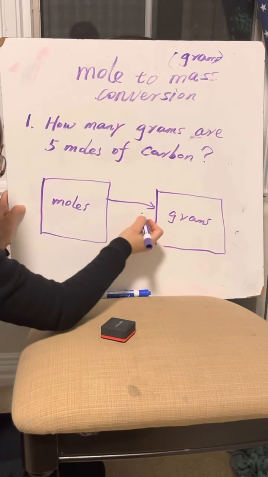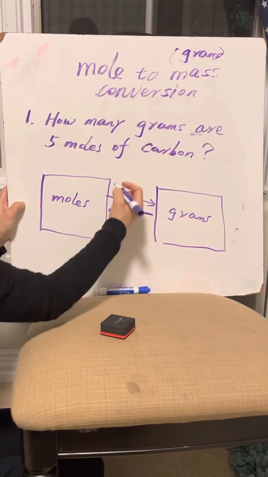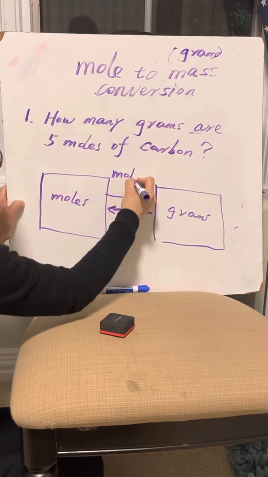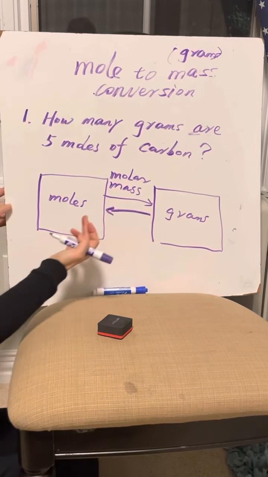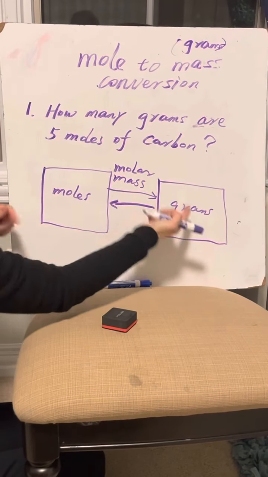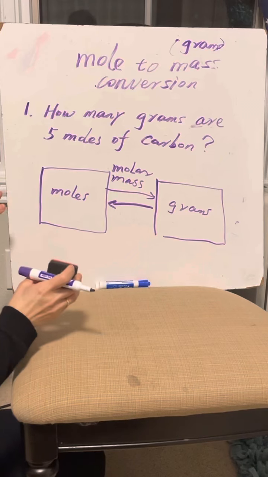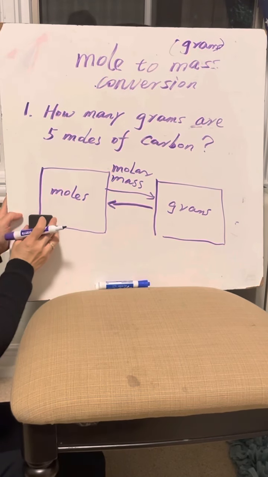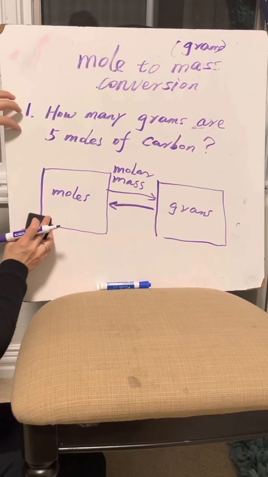Put arrows, which means you can do it this way or this way. In between, please write down molar mass. Your molar mass is the conversion factor that can change moles to grams or grams to moles. Pause the video, write this down, and then I'm going to continue with this question.